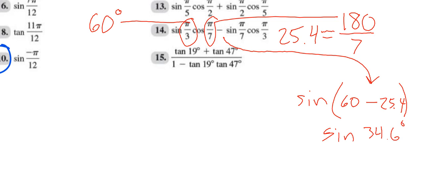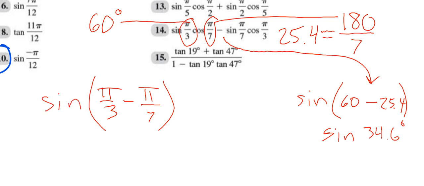Somewhere in that neighborhood. Now, if you do go with the world of radians, and you want to take pi over 3 and subtract pi over 7, you know it's a sine. We need common denominators, don't we? So what are we going to do there? 7 pi over 21 minus, how many pi's over 21?